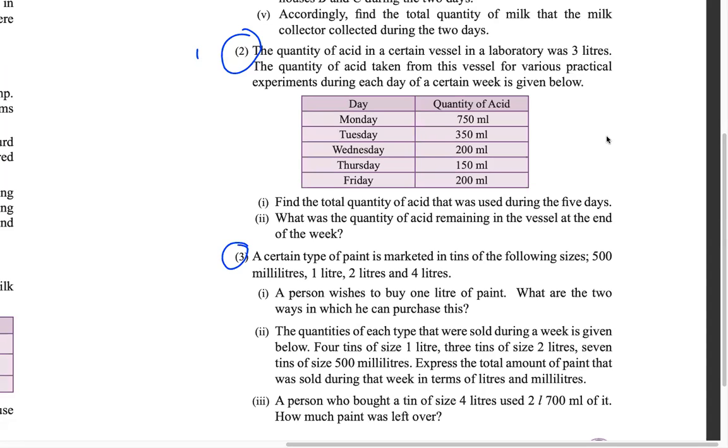And Roman number 2, they are asking, what was the quantity of acid remaining in the vessel at the end of the week? All right. So Sudas, tell me, what can we do to find the amount remaining at the end of the week? Yes, you can subtract.